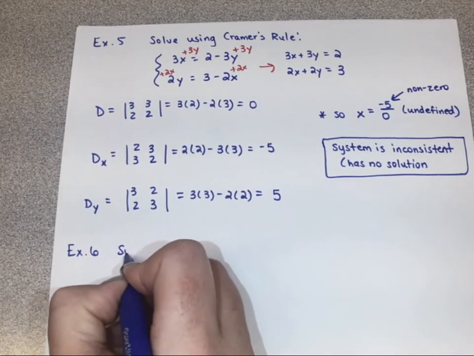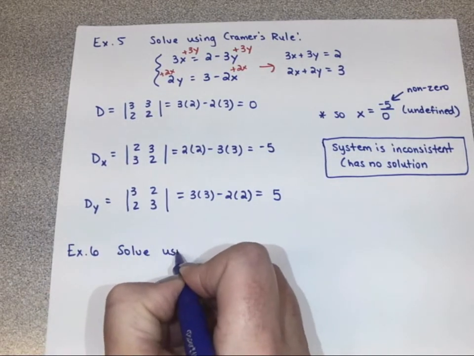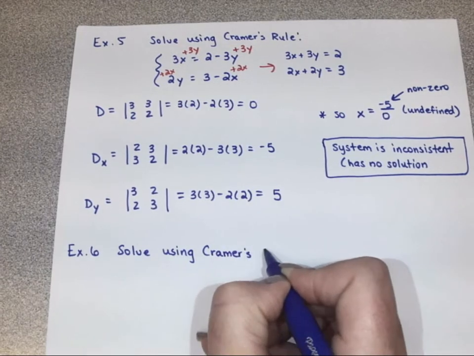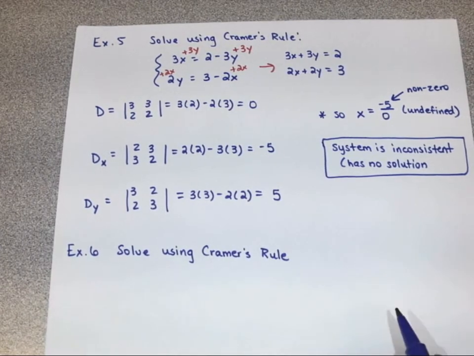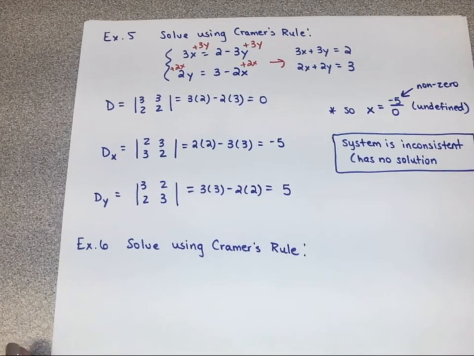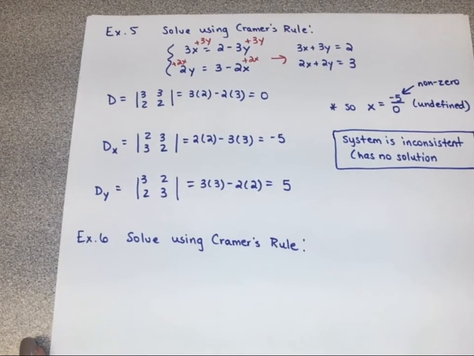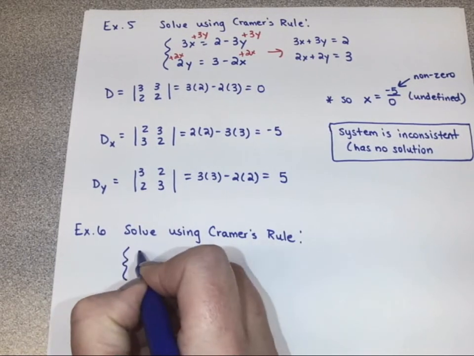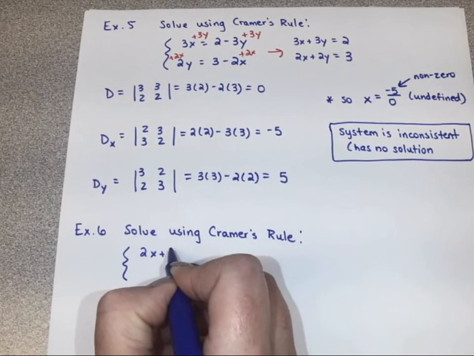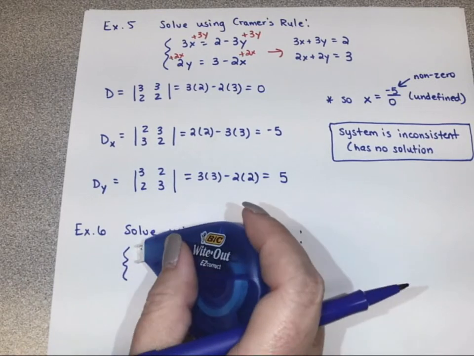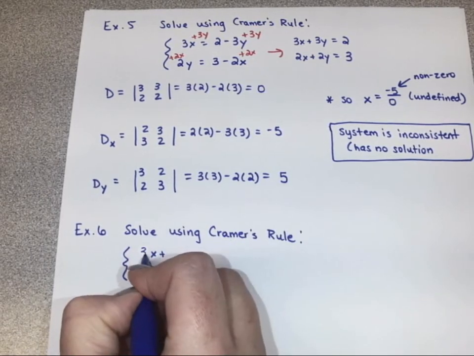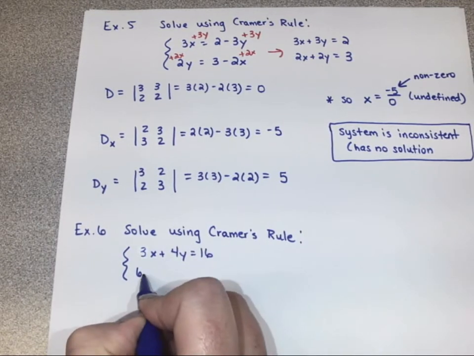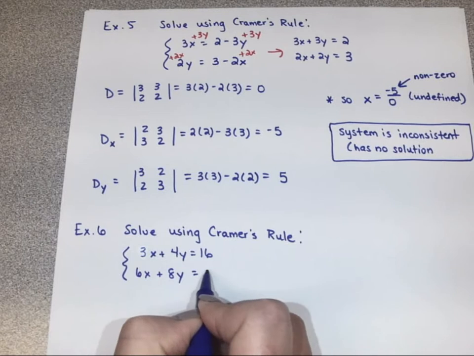All right, so let's do one that might turn out the other way. So 2x plus, let's change that to a 3. 3x plus 4y equals 16, and 6x plus 8y equals 32.